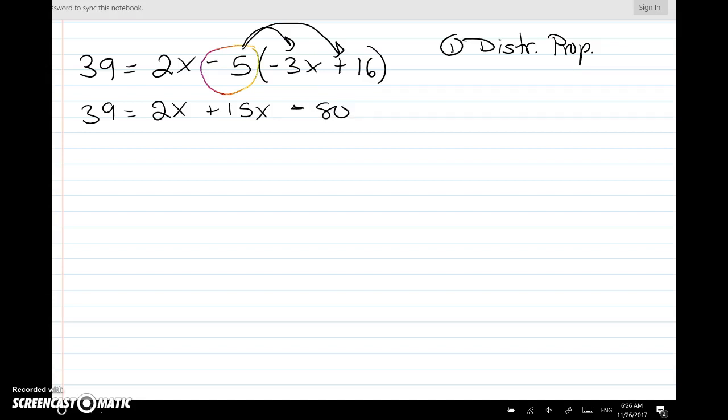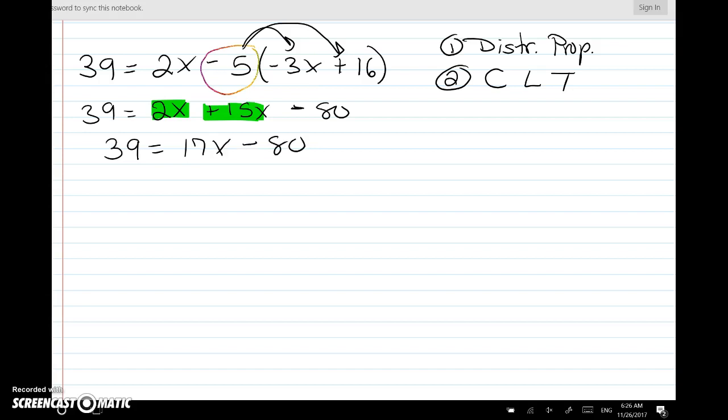Now I'm going to combine my like terms. 2x plus 15x. I have 39 equals 2x plus 15x is 17x minus 80.